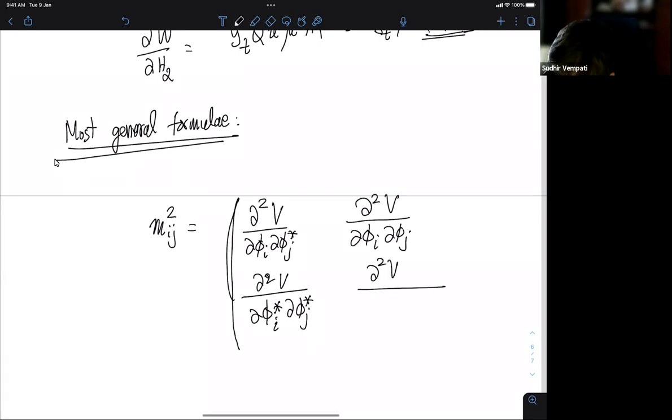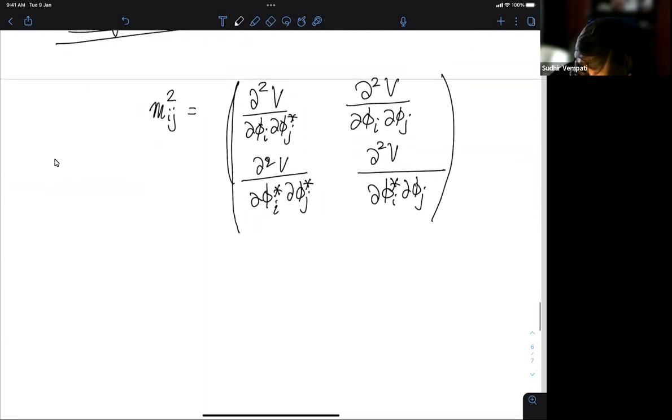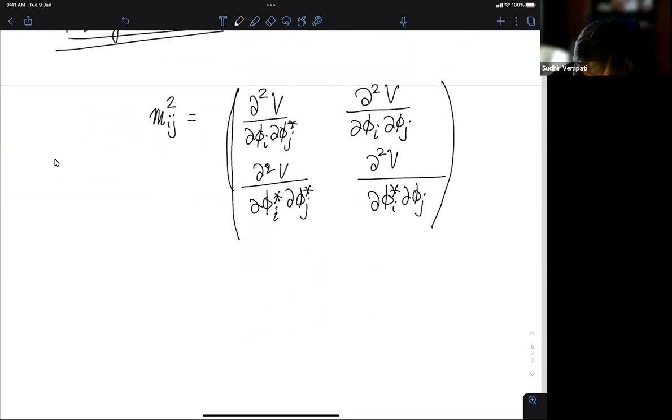This is the same formula in all scalar theories. So this is the general formula. You take the scalar potential, take the derivatives with respect to phi_i, phi_j star, and write down the most general formula.